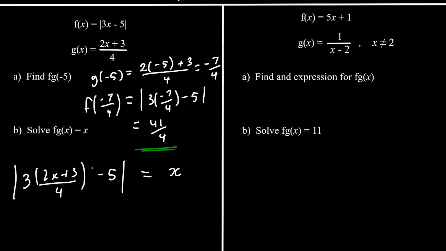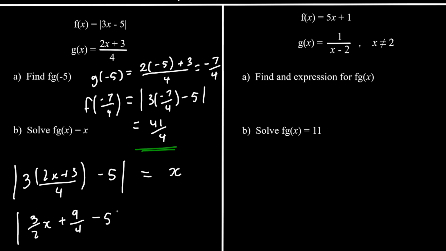When we've got a modulus, we can have two separate equations for it, a positive version and a negative version. I think I'll simplify first. So let's do 3/4, expanding the bracket. So 3/4 of 2 is 6/4, 1.5, 3 over 2 x. 3/4 of 3 is 9/4.